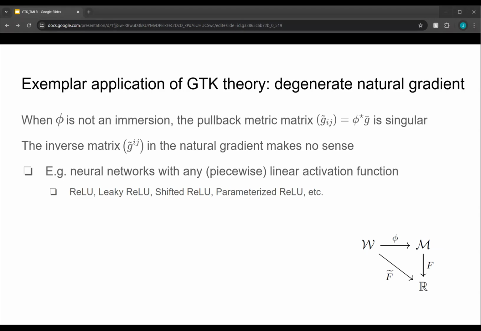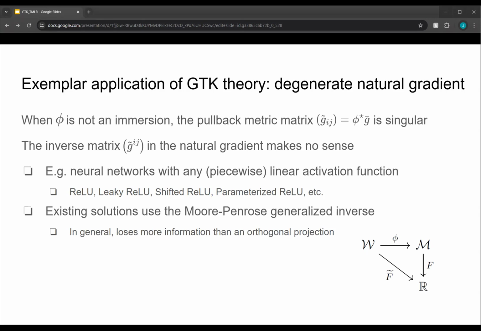Such non-immersion cases of phi are actually not uncommon in modern function approximations. For instance, neural networks with any piecewise linear activation functions fall into this category, such as ReLU, leaky ReLU, shifted ReLU, parameterized ReLU, etc. And existing solutions use the Penrose generalized inverse to define a natural gradient for these cases.